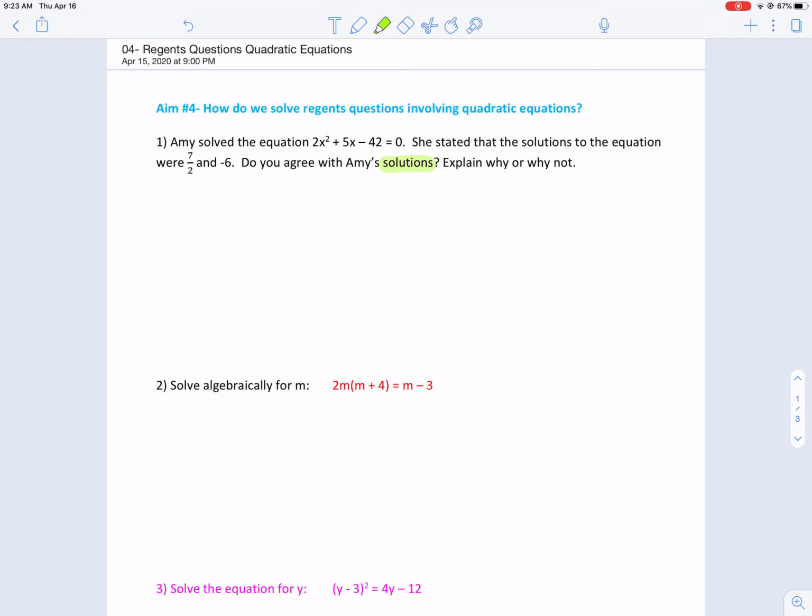In other words, literally, I could have you take your equation. You would have to do it twice. 2x squared plus 5x minus 42 equals 0. And I could plug in 2 times, instead of 7 halves, I could use 3.5 squared plus 5 times 3.5 minus 42 equals 0, and check to see that it works.